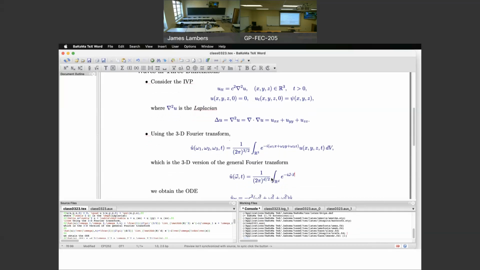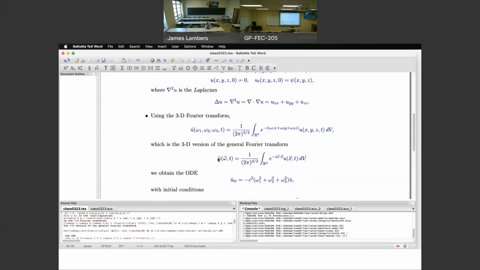And I have the integral of u of vector x, t, and dV is a general volume element in whatever space you're integrating over.